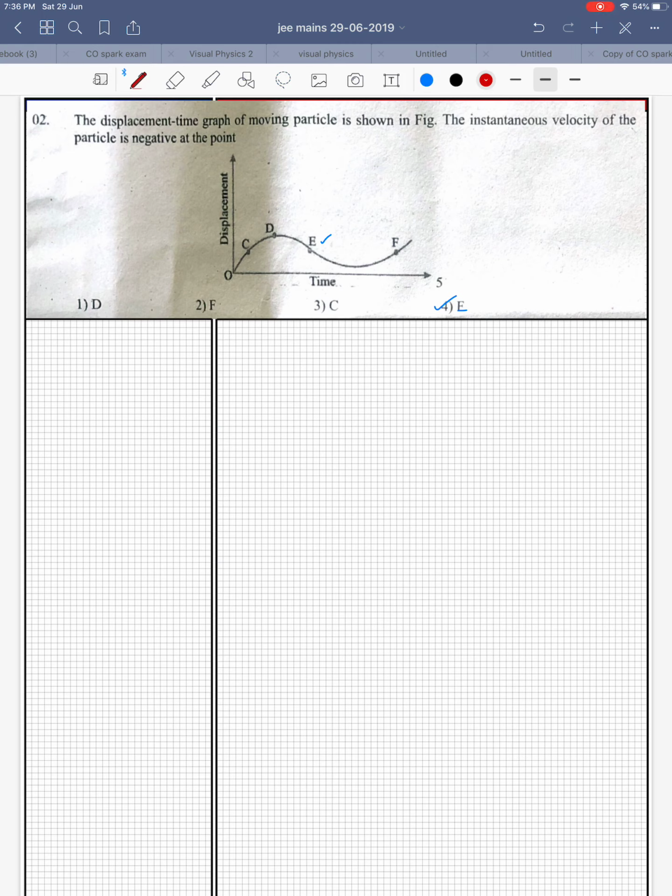If you have a displacement time graph, and say maybe this is your graph. So what will be velocity at this point? If I ask that question, maybe for a while you just pause and let's find the slope, dy by dx.